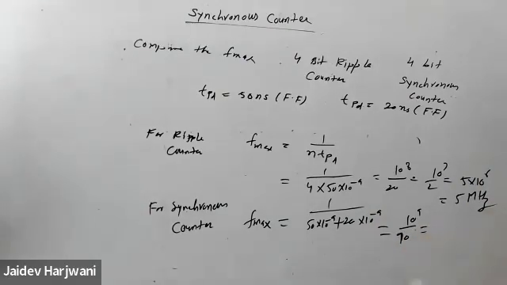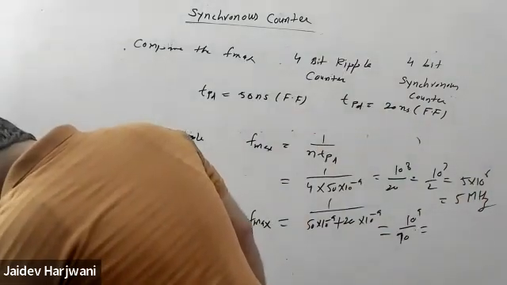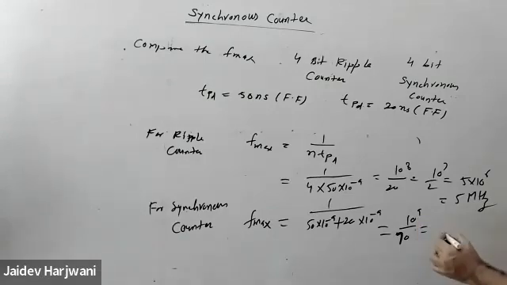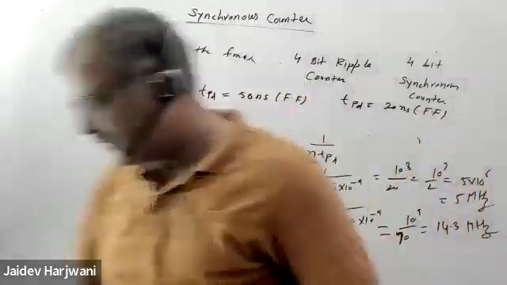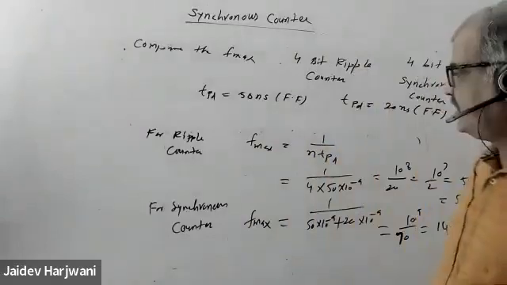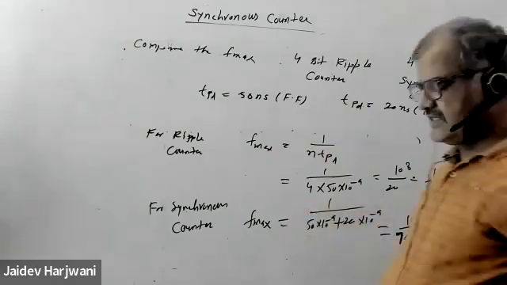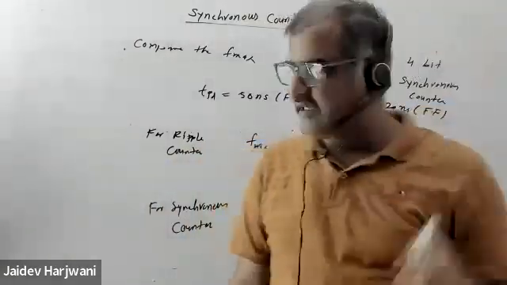If you solve this, it gives 14.3 megahertz. So you can see, for the same 4-bit counters we are comparing, if you know the delay of the flip-flop, the synchronous counter has a higher maximum frequency. That means it can count faster than the ripple counter.